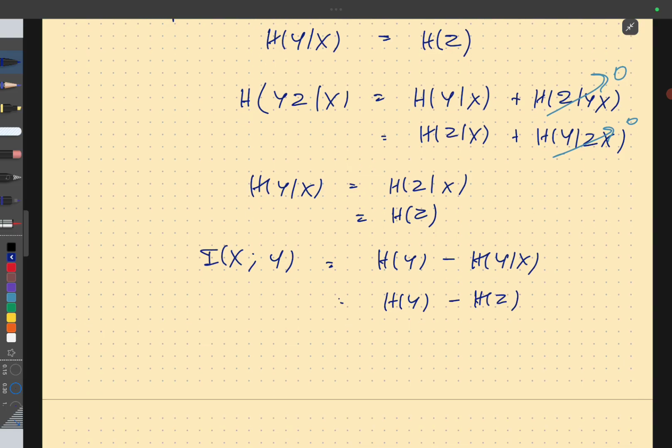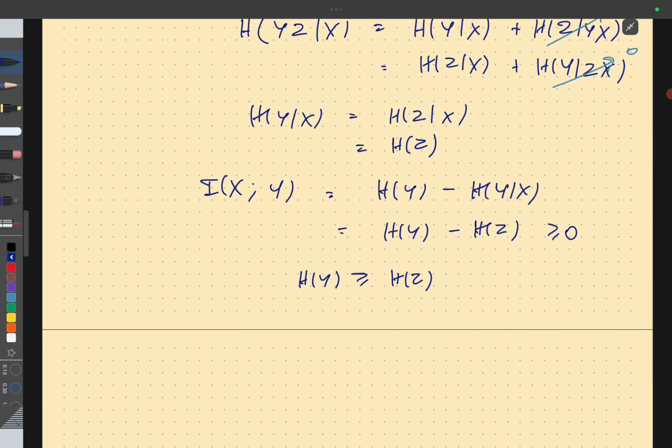But I know that the mutual information is always non-negative, which means that h of y is always greater than or equal to h of z.